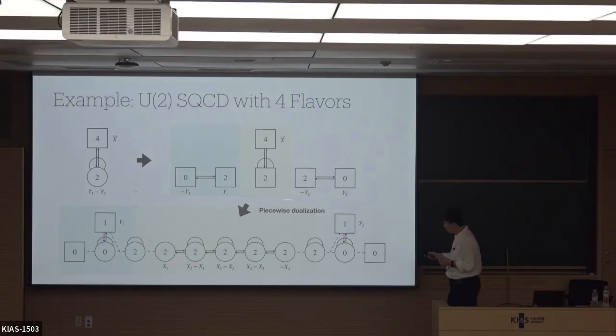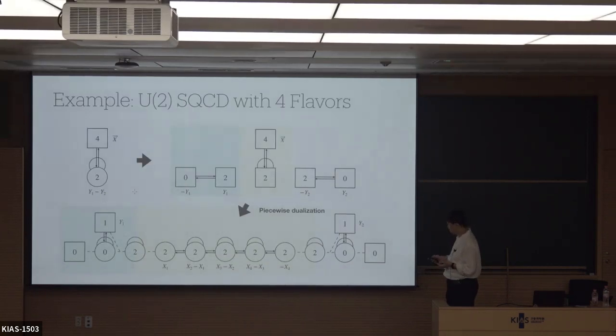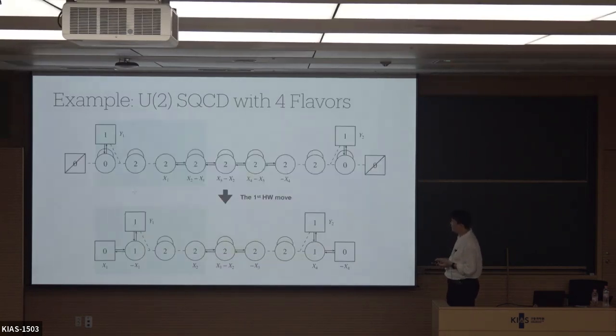And then you can recall, so look at this part. So this is exactly the same as this one, which means we can apply this relation, the Hanany-Witten-like relation. So I apply this relation to this part, then what I get, this one, okay? And then we can also recognize another component, to which we can again apply this Hanany-Witten move.